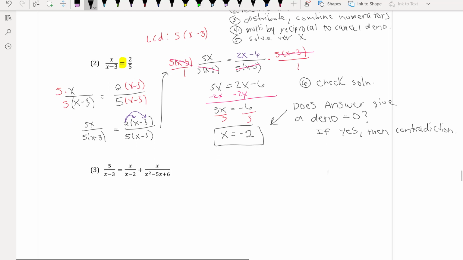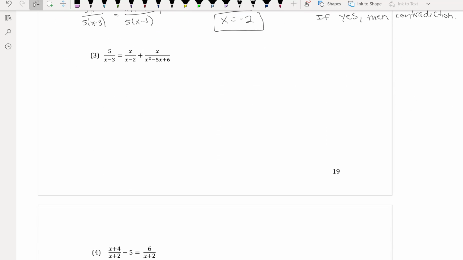So let's go ahead and go to number 3 then. For number 3, I see that my denominator for the first fraction is already factored. The second fraction is already factored, but the third one is not. So here I'm going to have an x minus 3 and an x plus 2. And that's how I factor. So now I know that I definitely have my LCD as an x minus 3 and an x minus 2.